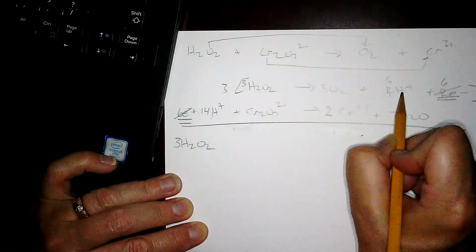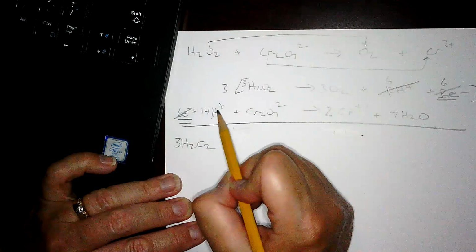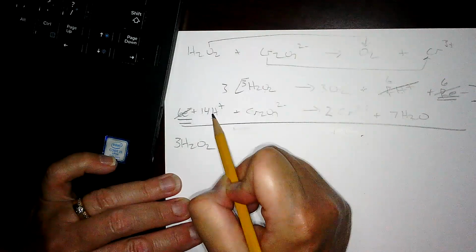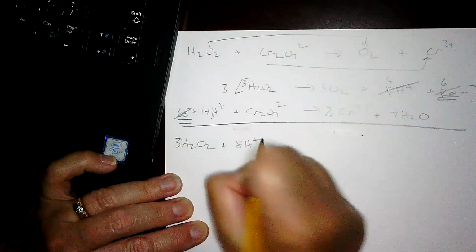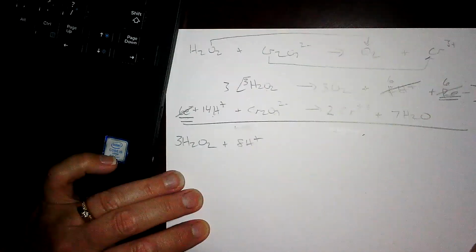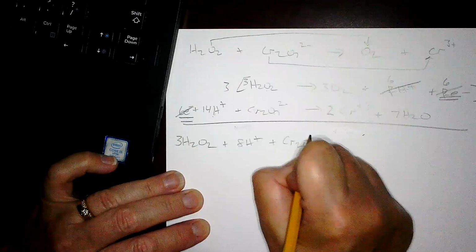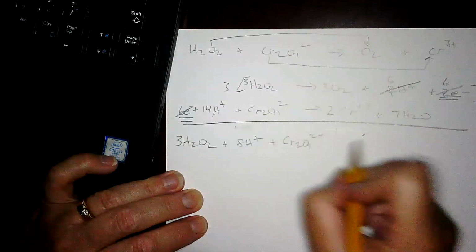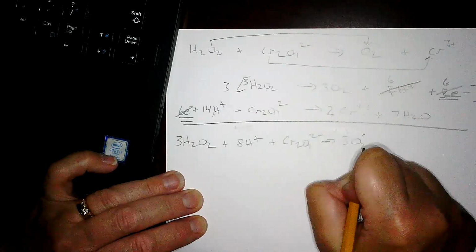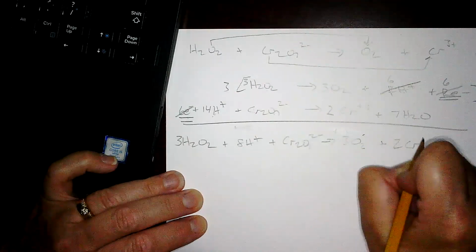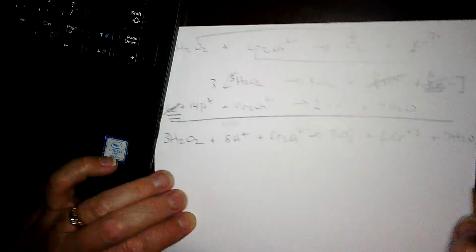So 6 of the 14 hydrogens are going to cancel out. That's going to give us 8 hydrogens net, plus dichromate. And then on the product side, we've got 3 oxygens plus 2 chromiums plus 7 waters.